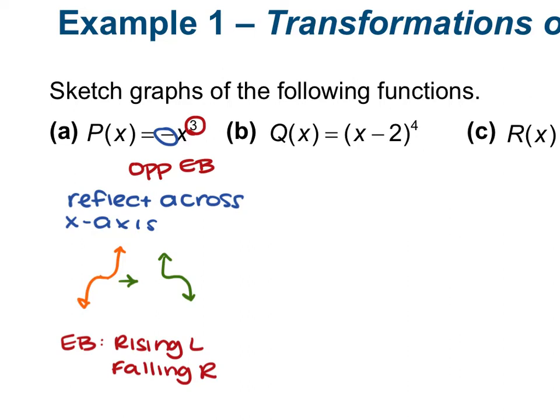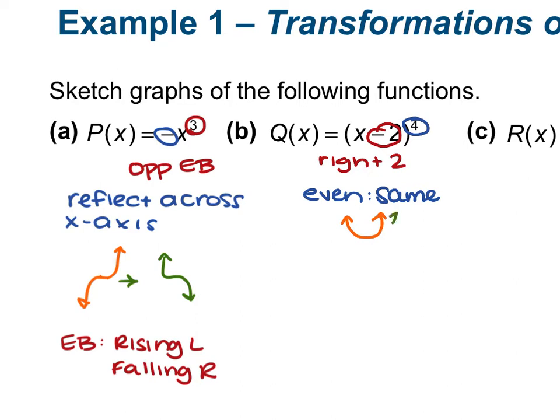For example B, we have q of x is equal to x minus 2 to the 4th power. This minus 2 here means that we're going to the right 2 units. This 4 is an even power, so we have the same end behavior. We don't have a reflection here or anything, so this is still going to be opening up.